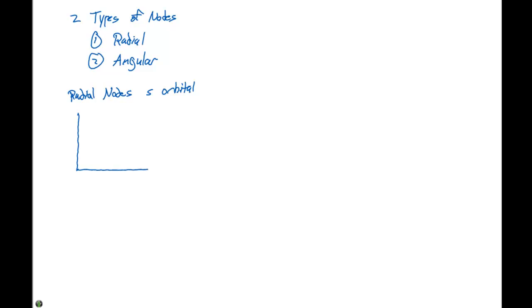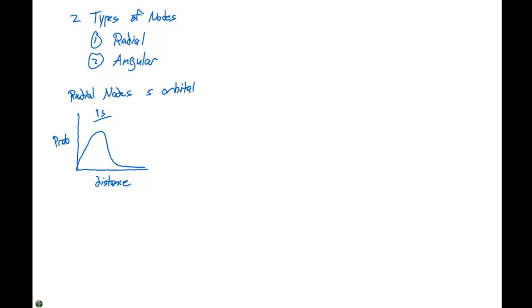we can get something like this, where if we put the probability of finding the electron on the y-axis and the distance from the nucleus on the x-axis, for a 1s orbital, that probability function is going to look something like this.